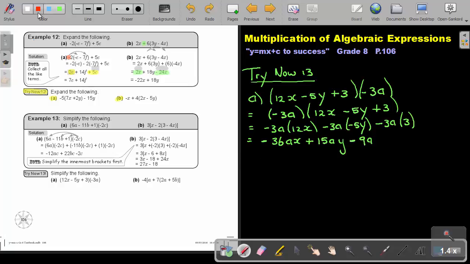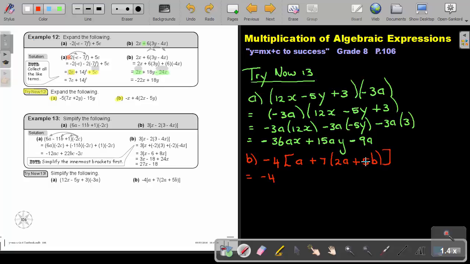Let's just take another color for the last one. B. This is the double bracket, or there's a bracket inside. So it's a plus 7, and then it's 2a plus 5b. Close, close. Always good to take different types of brackets. Okay, just rewrite first.